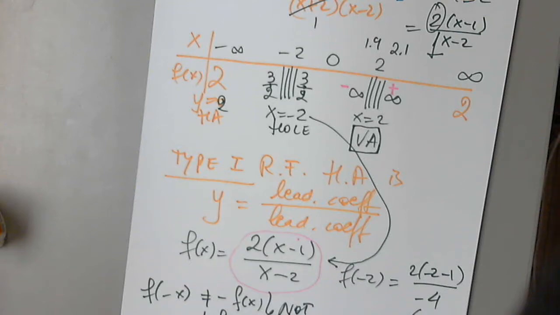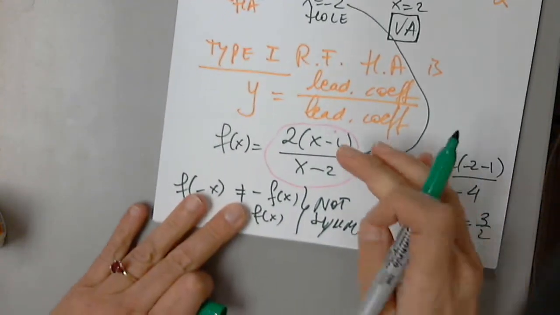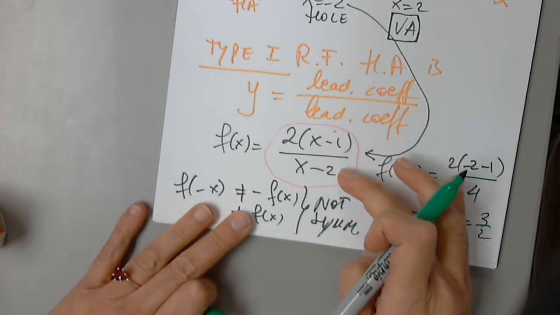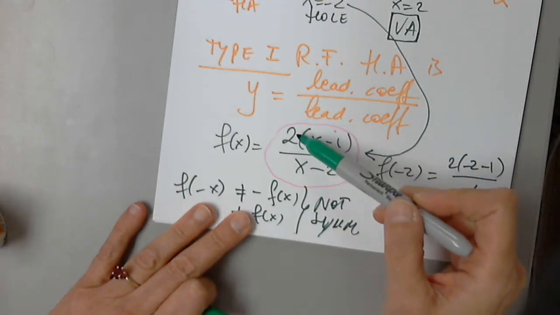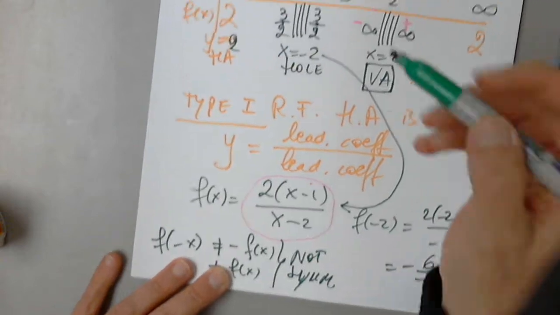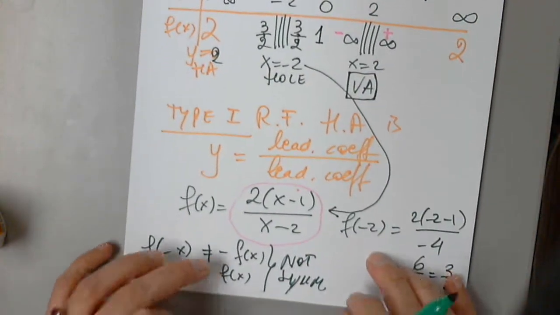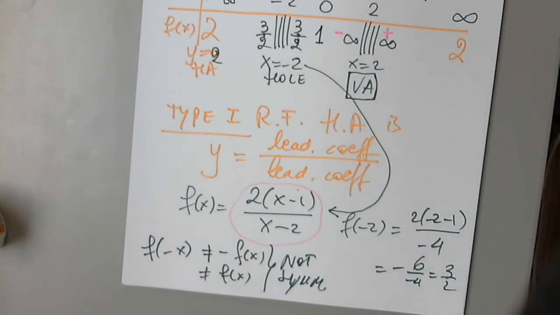I need the y-intercept. I can continue without the x-intercept. So 0 minus 1, 0 minus 2. So -2 divided by -2, this is 1.